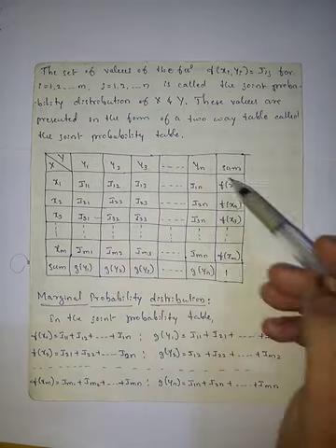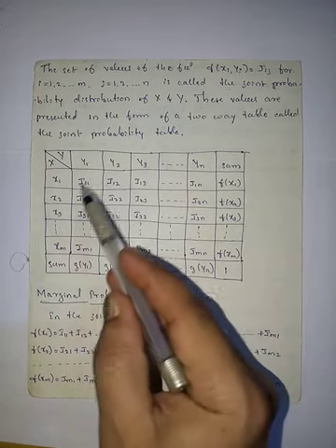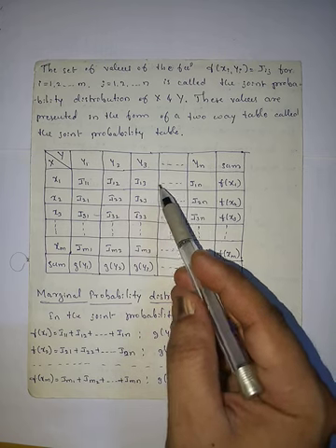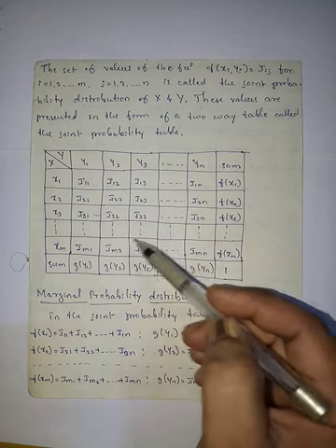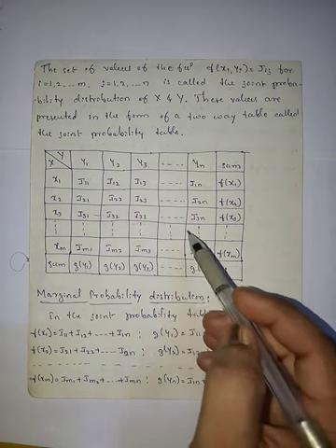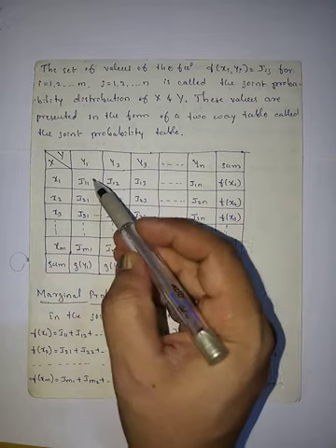So understand this table because the next two problems depend on the table. Once you understand what probabilities we are denoting in the table and what the sums are, the next part will be very simple.